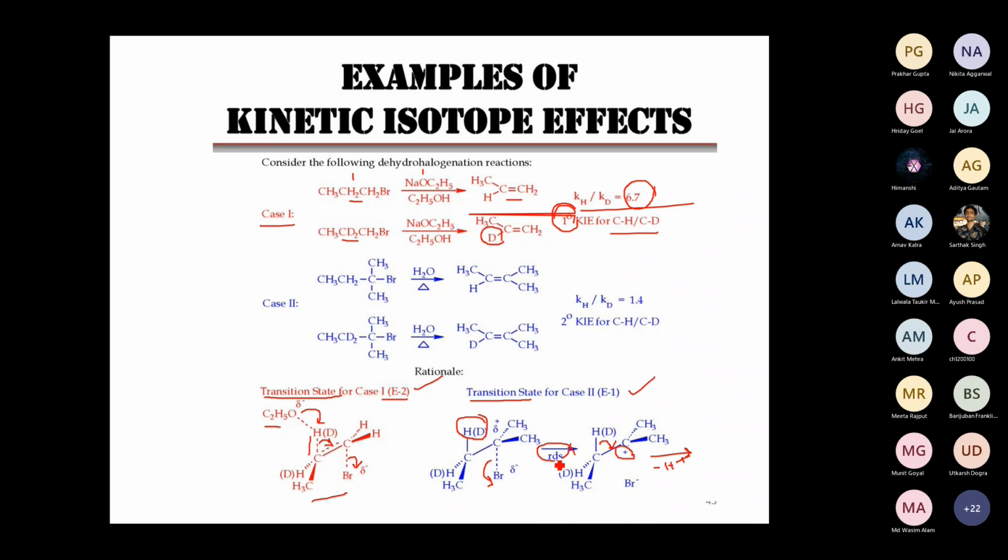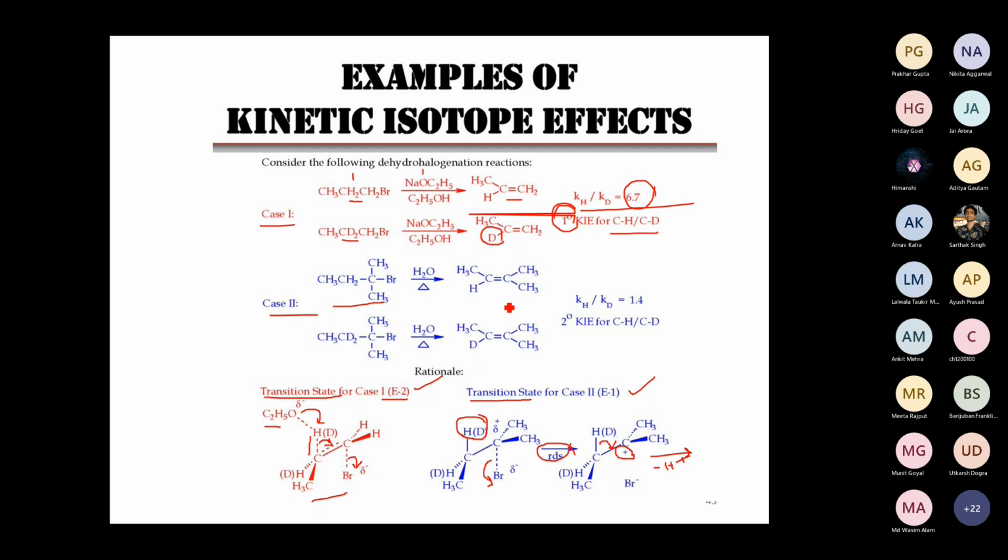All right. You can see here case 2. This is not t-butyl bromide in water. This is the ethyl dimethyl methyl bromide. What is the nomenclature? 2-methyl, 2-dimethylpropyl bromide.